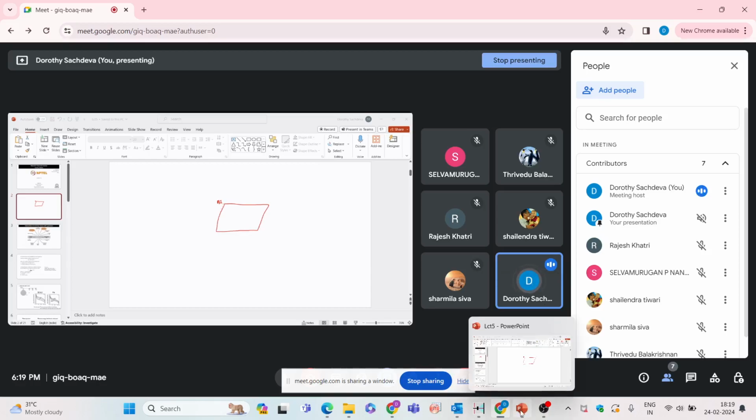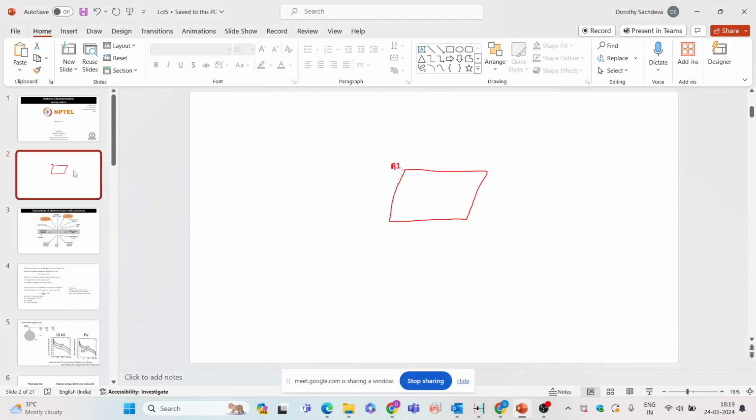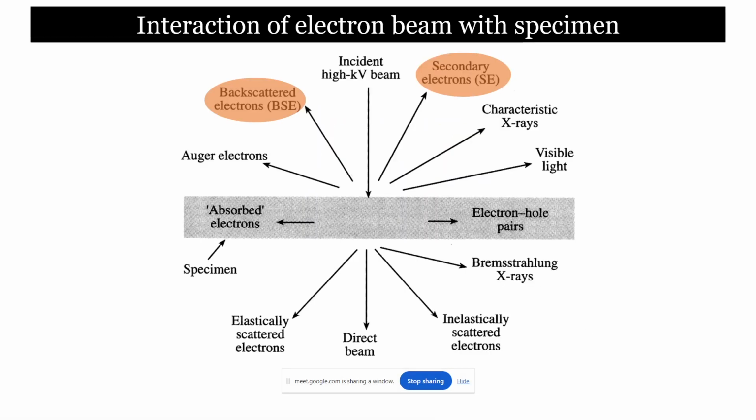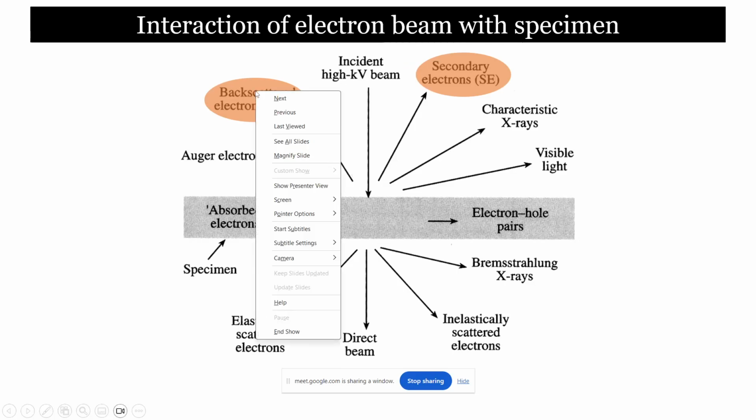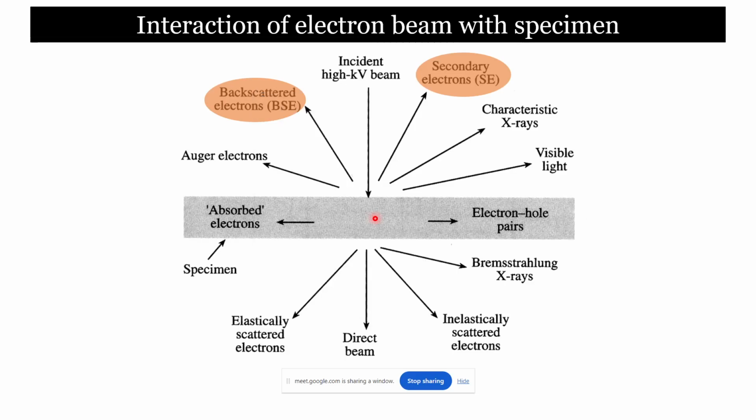I think the last lecture was clear. So now I will discuss today's lecture. Let me select the pointer. Last time we discussed the interaction of the electron beam with the specimen. This is the incident high kilovolt electron beam which is falling on this specimen.